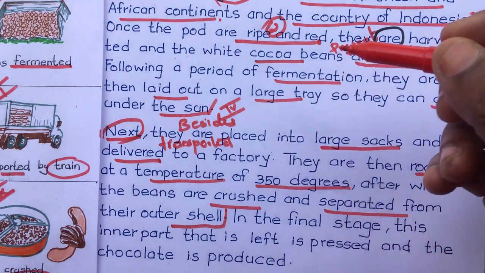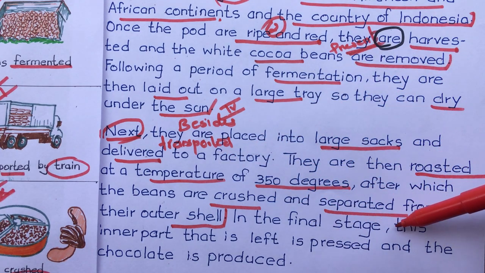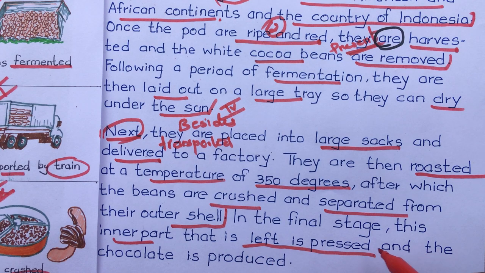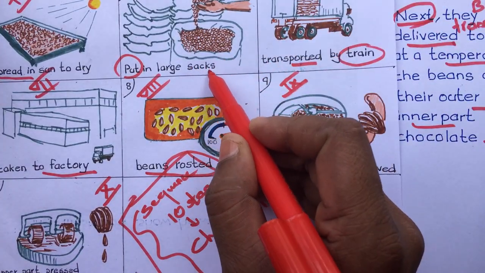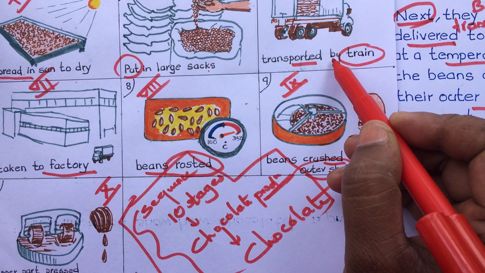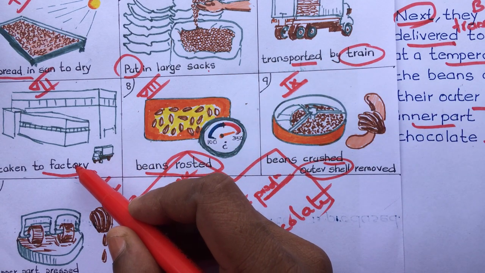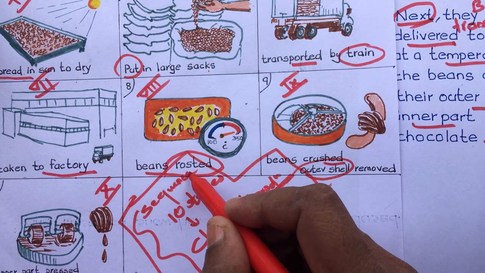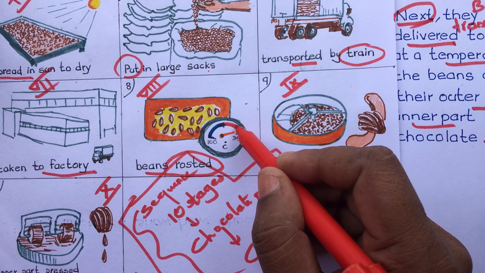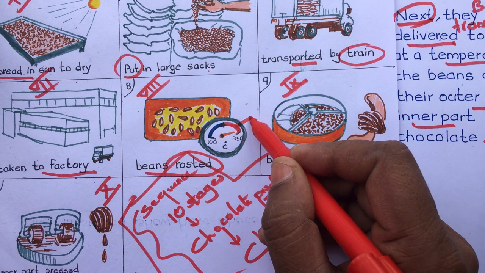So you understand how they have discussed it. And in the final stage, this inner part is left, pressed, and the chocolate is produced. I'll explain with the help of the diagram. These beans are put into sacks and transported by train. Got it? And then what happened? They are roasted. Once they reach the factory, they are roasted at a temperature of 350 degrees Celsius.